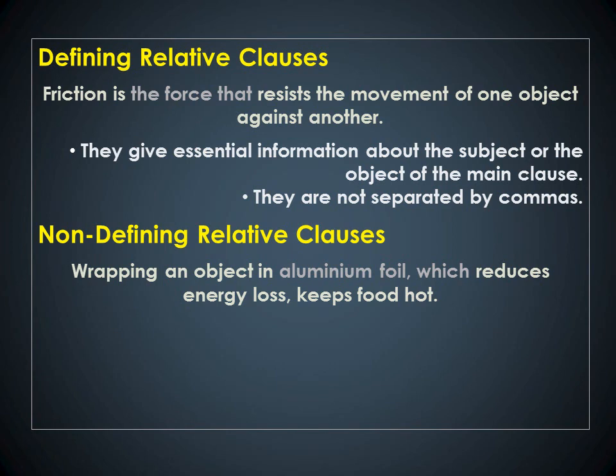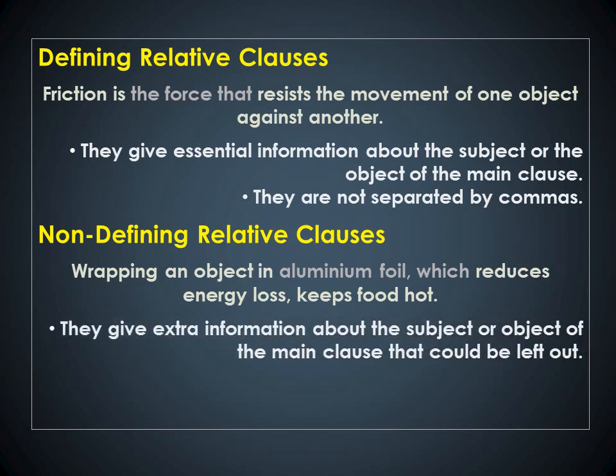So observe the example. Wrapping an object in aluminum foil, which reduces energy loss, keeps food hot. In other words, extra information and commas are always used. This is old news for you.